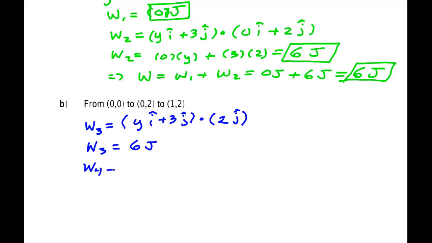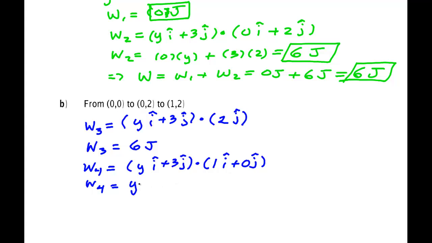On the horizontal part of the path, we have yi hat plus 3j hat. And we're going to dot that with the displacement, and this time we're going to change x by 1 unit, but we're not going to change y at all. So 1 i hat plus 0 j hat. So W4 would be equal to y plus 3 times 0.